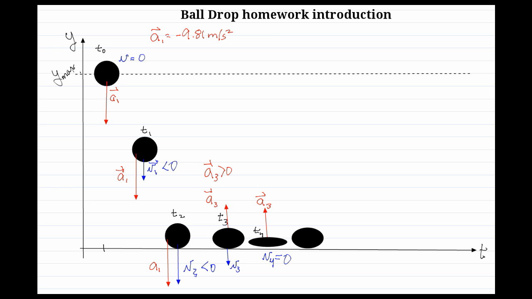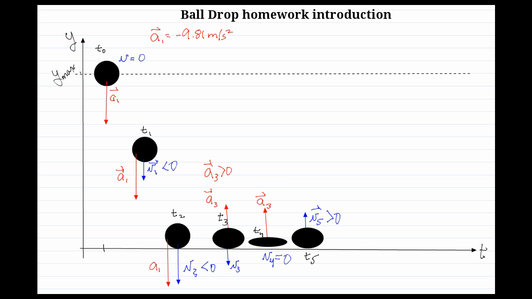Okay, after it's compressed all the way, it stretches out again. So now, if we were to draw the velocity, it is upwards, just like that. This time, by the way, is T5, and our velocity is V5, and we know something about that velocity. That velocity is positive. It's in the positive y direction.